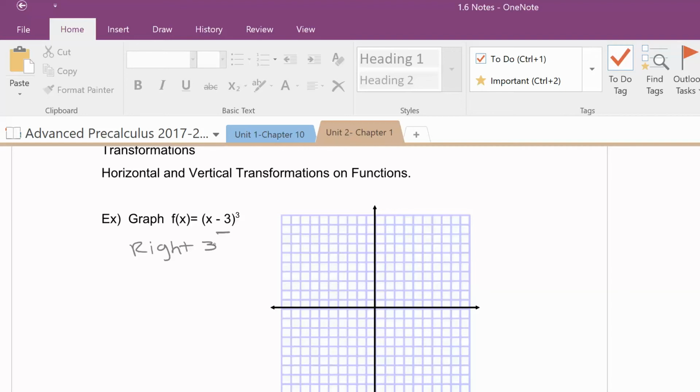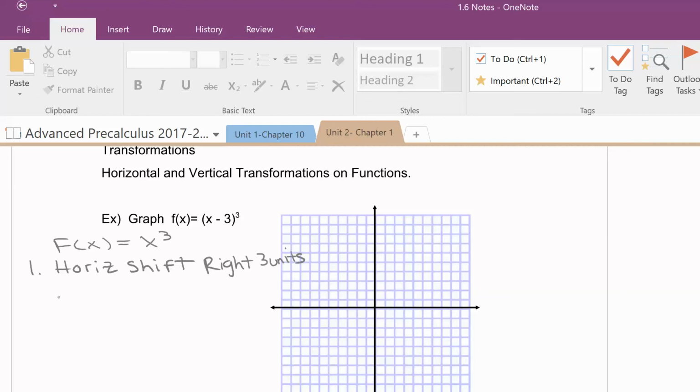So if you take the base function here, which is f of x equals x to the third, the transformation is going to be a horizontal shift to the right 3 units.